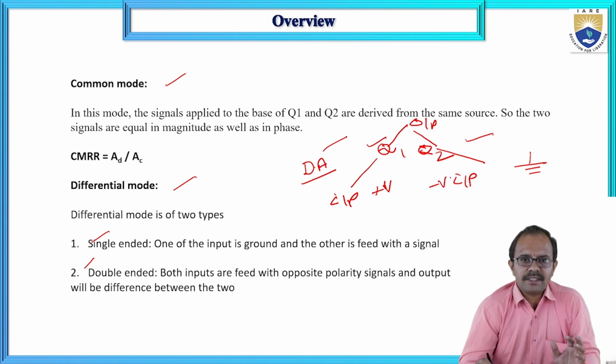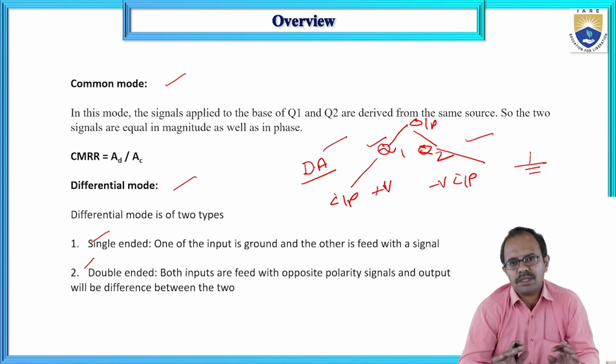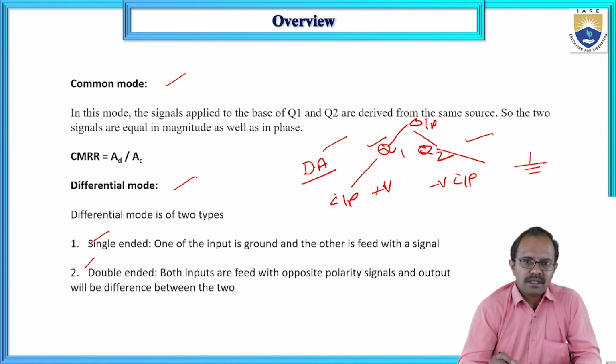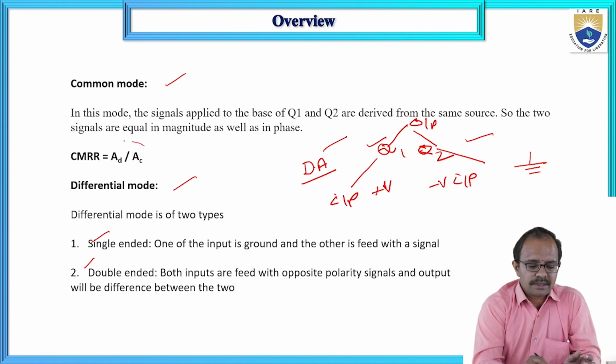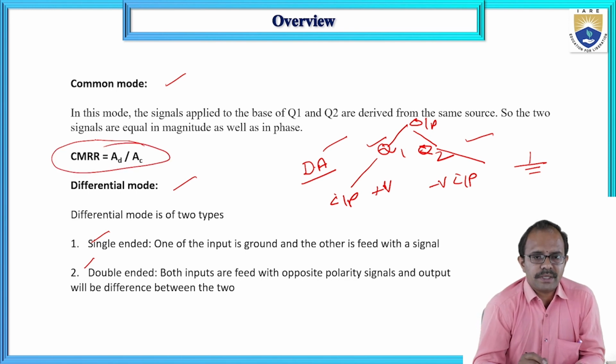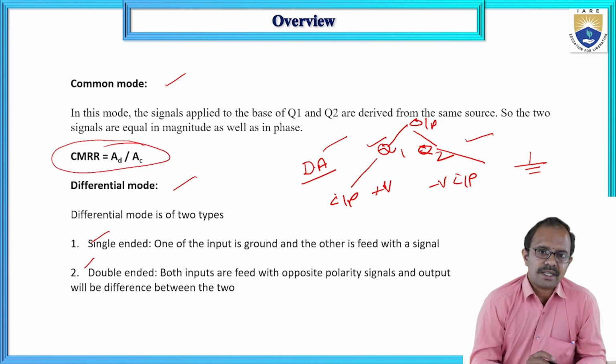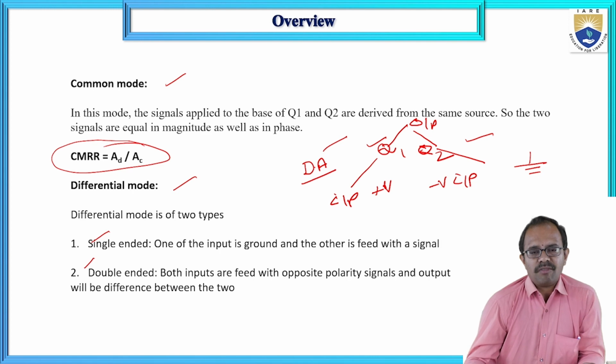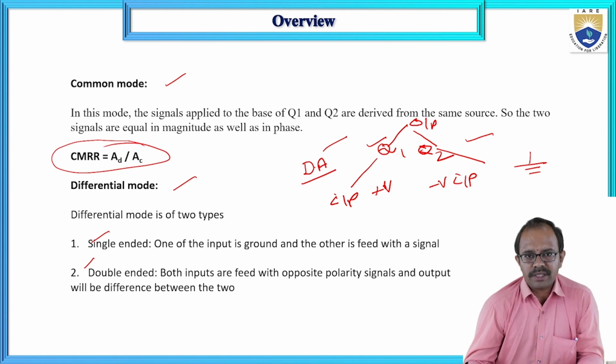That is called double-ended. In single-ended, it is very clear. Only one transistor will get the excitation and the other transistor is connected to the ground. This is called common mode as well as differential mode operation. And if you remember, the most important parameter to remember in the operation of your IC741 is the common mode rejection ratio.